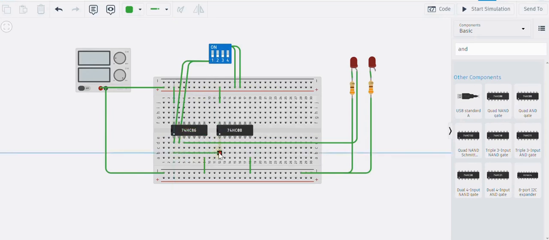So we can also take it from here and give it to the input 1A. So the second input from here, we can give it to the input 1B. So we can also take the input from the second switch and the first switch, but we can also take it from here because all the points are same.